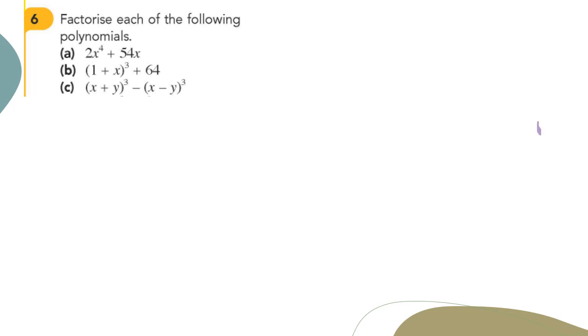In these questions, we have to apply the concepts of sum and difference of cubes. Let's write down the formula first.